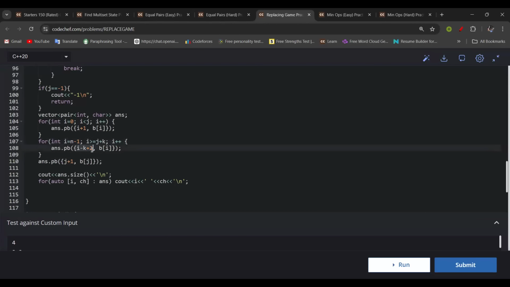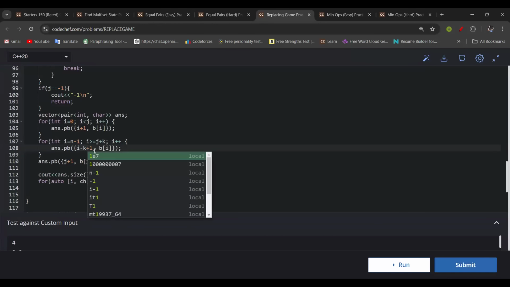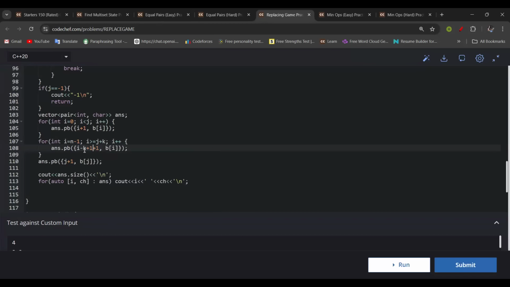What I have to output is the starting index of my subarray. So this I is the end index of my subarray. So the starting index would be I minus k plus 1, and then a plus 1 extra. This is the starting index, and a plus 1 extra for converting from 0-based to 1-based. This is what I'm storing in my answer, and bi is the character.